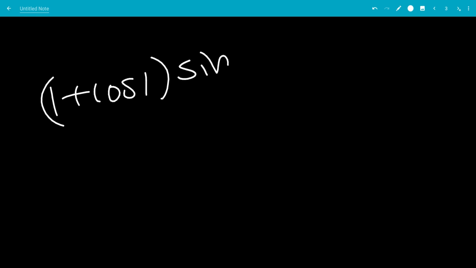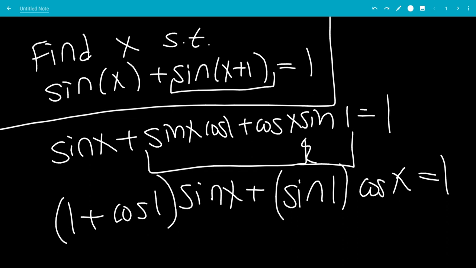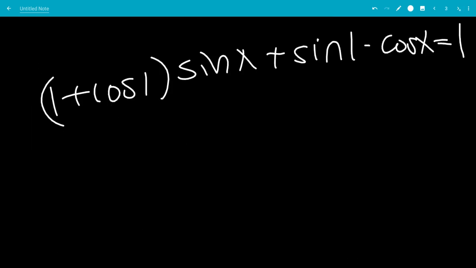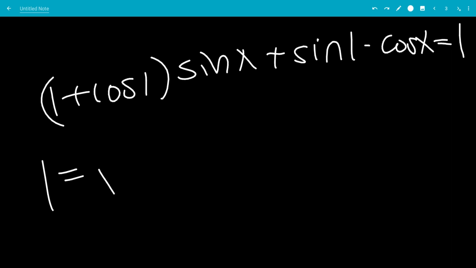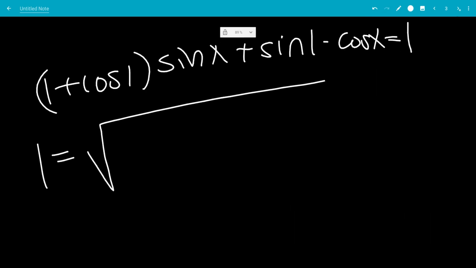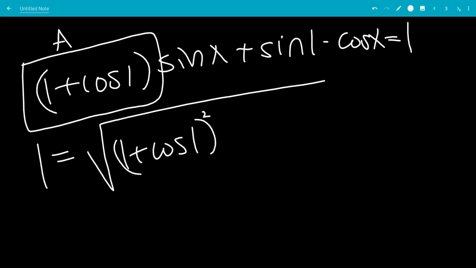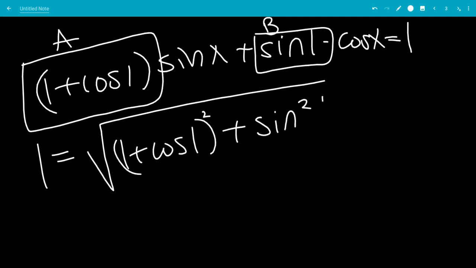So what do we have? We have 1 plus cosine 1 times sine x plus sine 1 times cosine x equals 1. Now let's combine all of this into r, which is the square root of 1 plus cosine 1 quantity squared, since this is our a value, and this is our b value, plus sine squared 1.